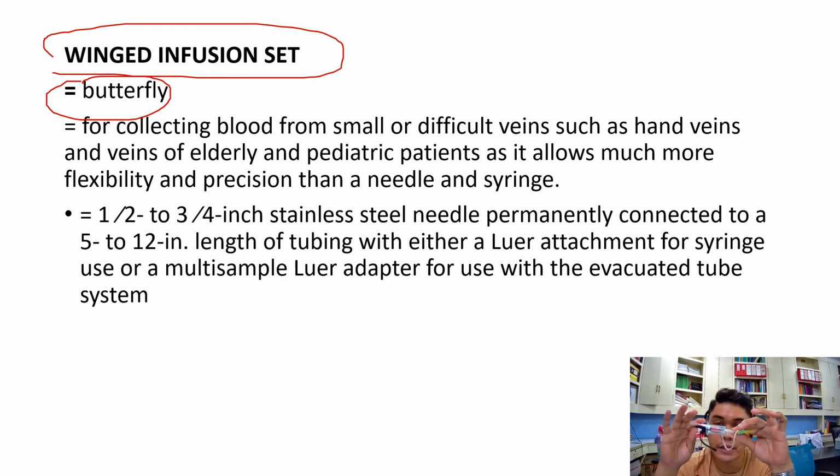The purpose of the discard tube is to eliminate the air present in the tubing. So to eliminate the air or to remove that interference, that's why you have a discard tube. After the discard tube, fill the tubes following the correct order of draw. Okay, so light blue, red, and so on.